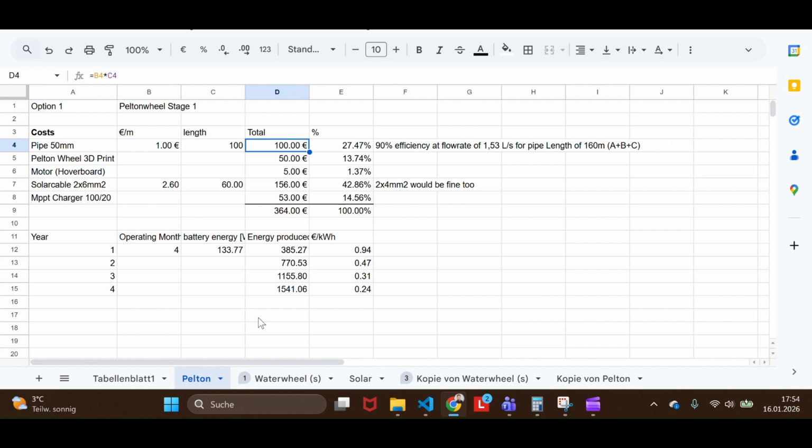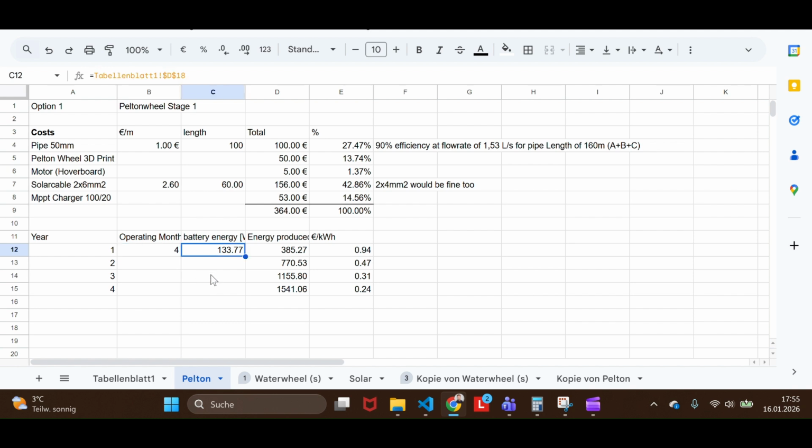Down here I made some estimations of how much euro per kilowatt hour I will be paying for my electricity if I build this project. I'm planning to run this system for 4 months every year, because in the summer months the water will not be running, so it's only operating in 4 out of 12 months.